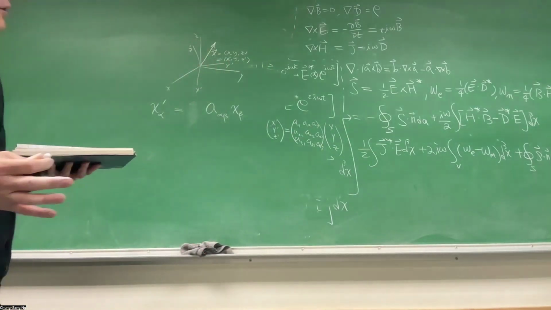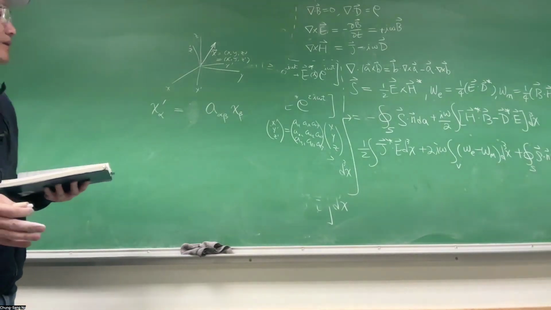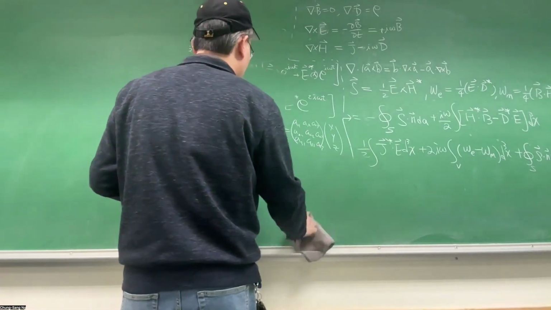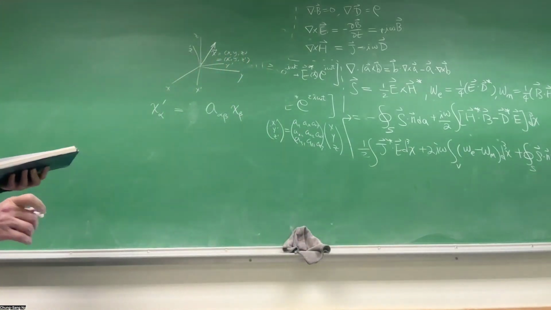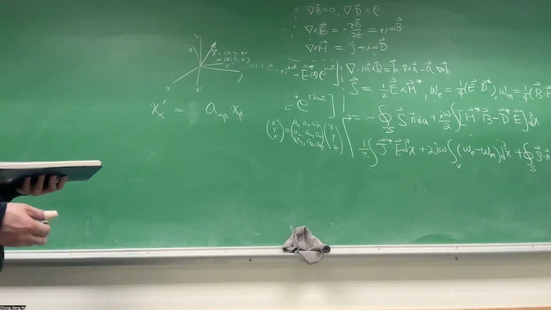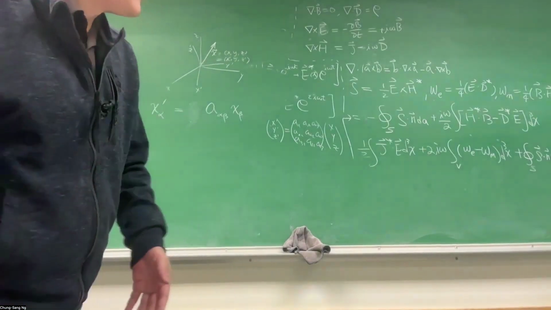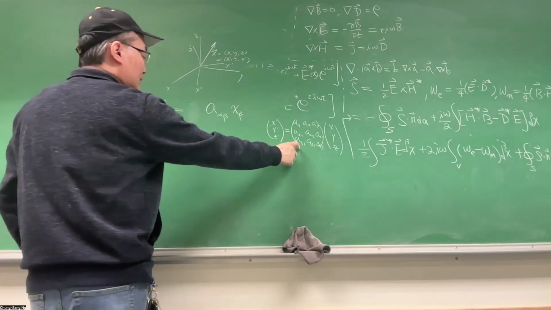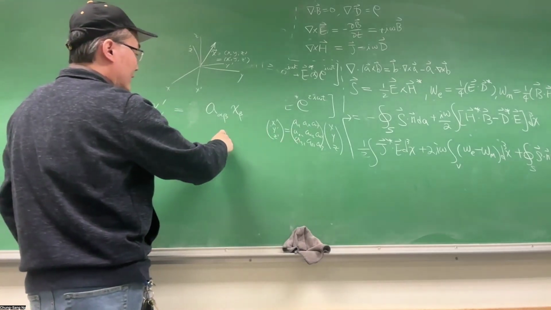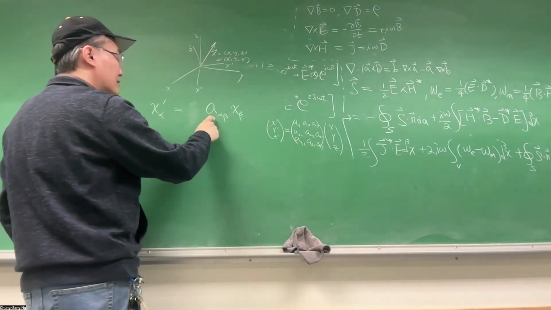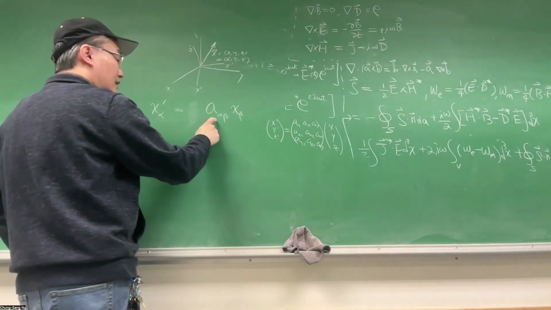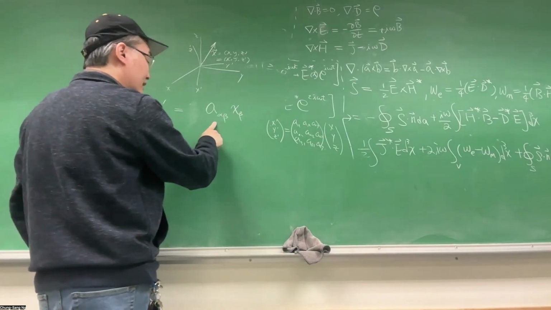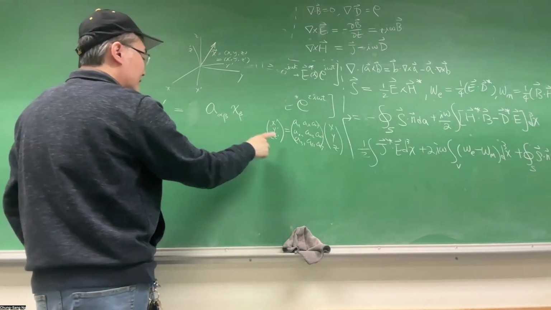Sometimes you consider translation, but in this consideration of how we define a vector or tensor, we're staying with the linear transformation. And now to define a vector or tensor, it becomes how you look at the property of this transformation matrix. But we'll talk about that next time.